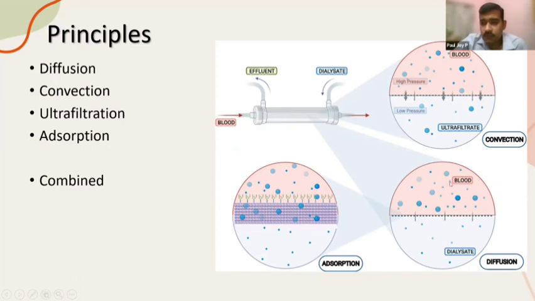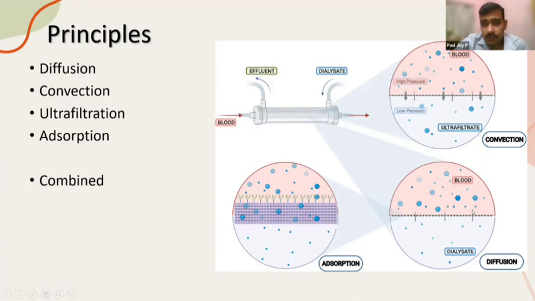And in convection, a pressure is applied to the blood compartment, and the solvent and the solute go across the membrane, and along with the solvent, the solute is dragged, leading to convective clearance. In convective clearance, larger molecules can be cleared, and usually for convection, a high flux filter is required.